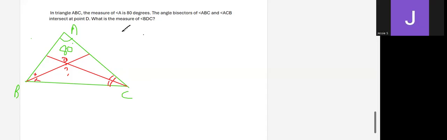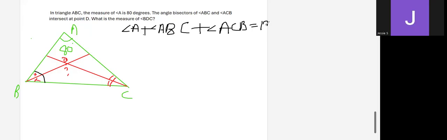So I'm not going to use a measure here, just angle A plus angle ABC, plus angle ACB, that's equal to 180 degrees. That's a property for any triangle.